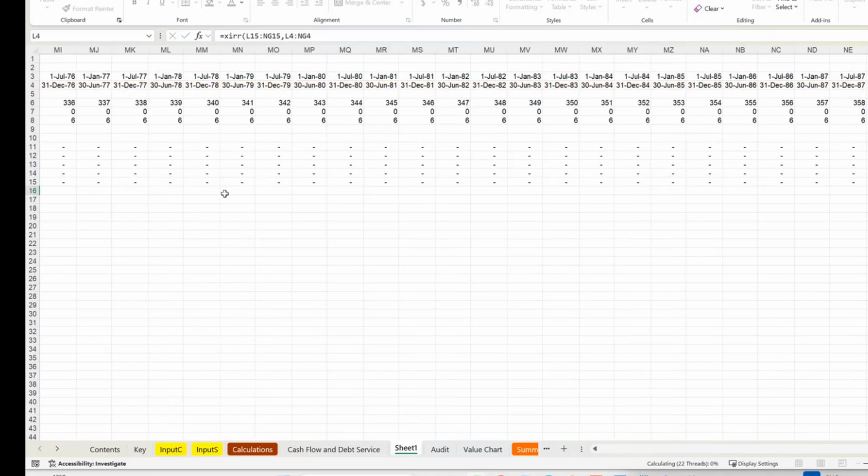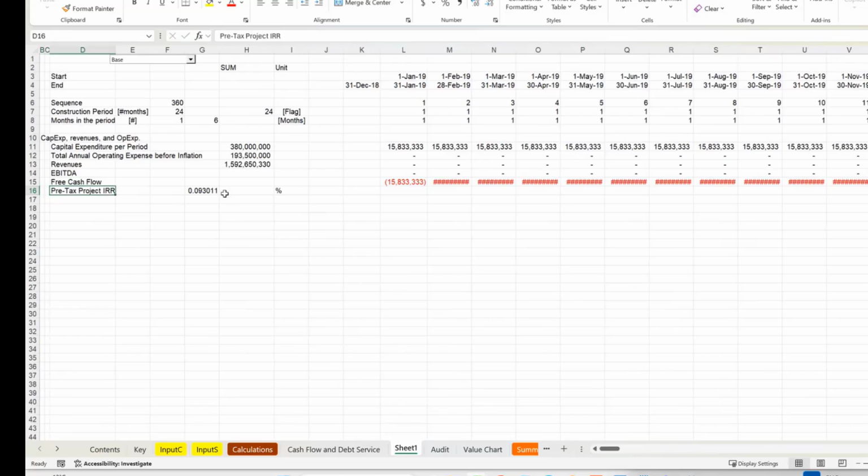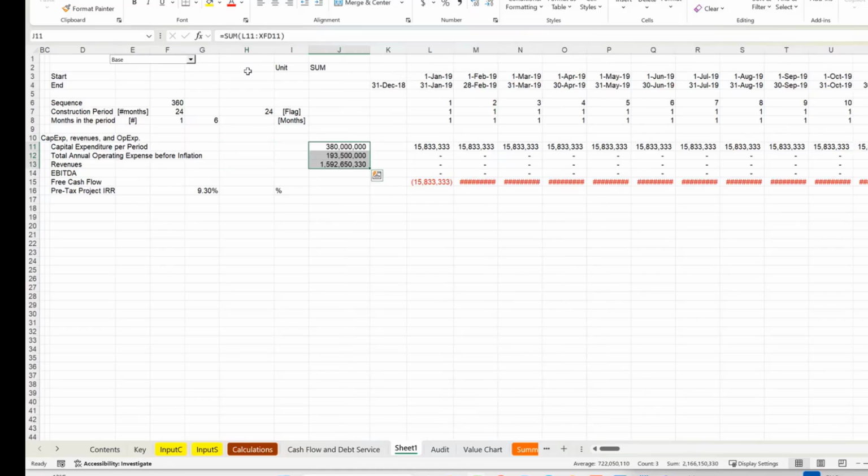The reason you use the end, for me, is that if you use the beginning balance on the debt, let's talk about this for a second. If you use the beginning balance on the debt, then by definition you're assuming all the cash flows occur at the very end of the period.